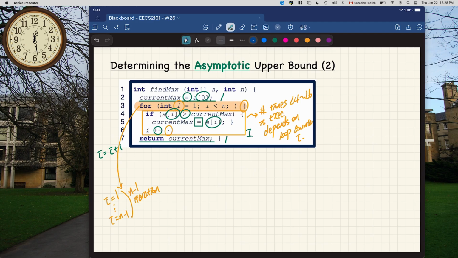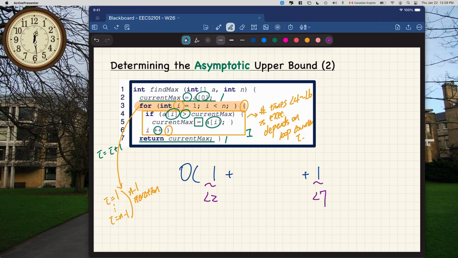It's going to be big O. 1 here is going to be just line number 2, plus the return at the end, which will be line number 7. All right. The middle will be the loop itself. It's going to be number of executions and then the cost for each iteration.